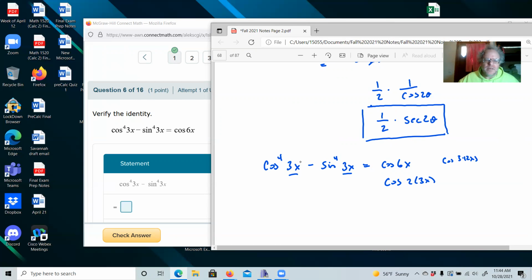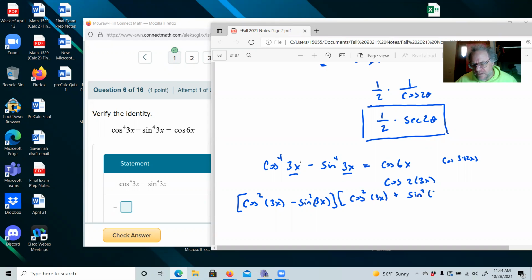So what can we do with this? We can identify this as a difference of squares. This is cosine squared 3x minus sine squared 3x, times cosine squared 3x plus sine squared 3x. You see it's a difference of squares.